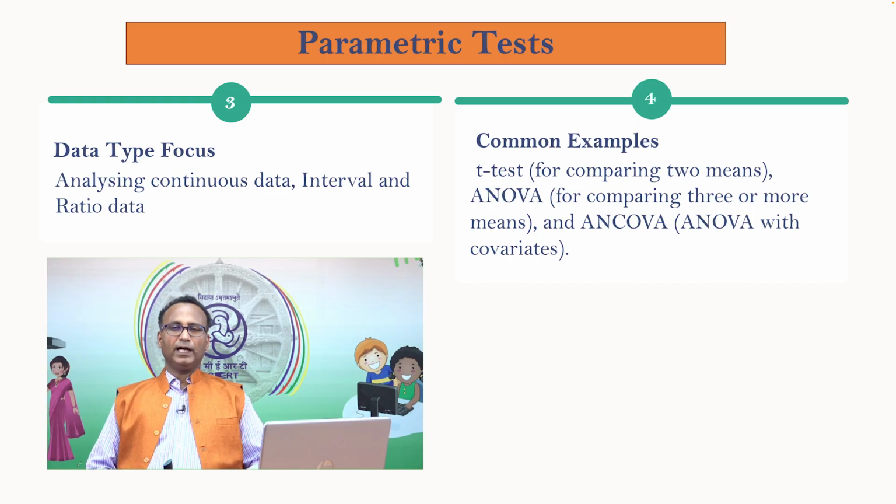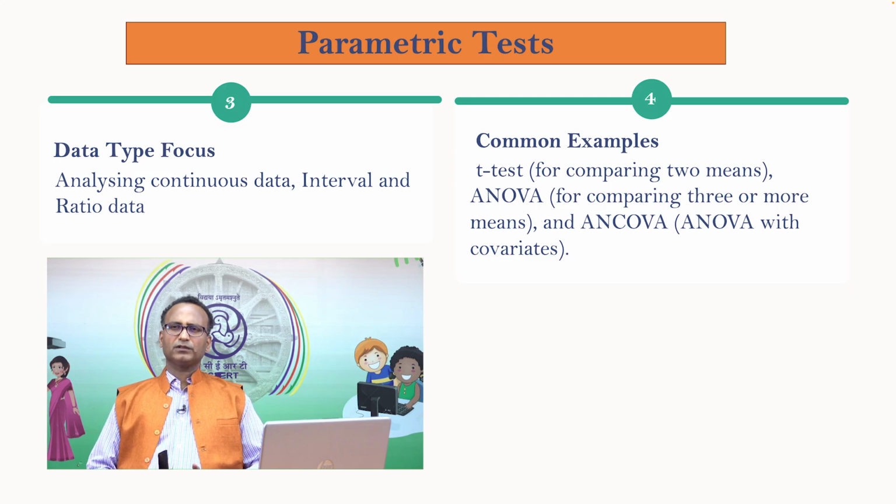Whatever data you have collected from the field, these are independent, not due to something else. So, the requirements must be fulfilled before you use parametric statistics, like normality of data, homogeneity of variance, and independence of observation.